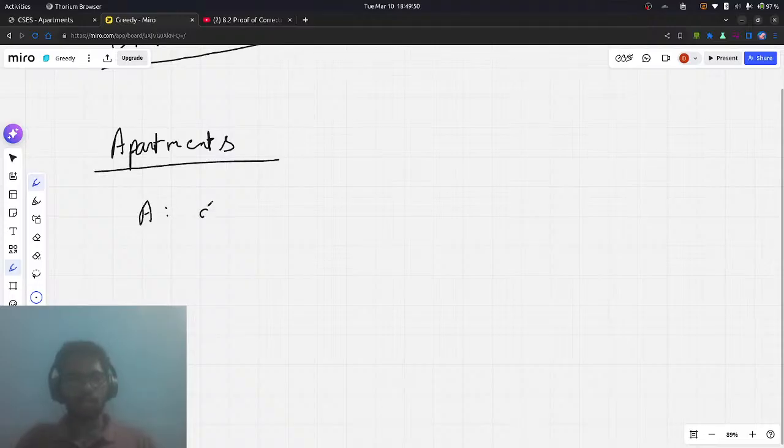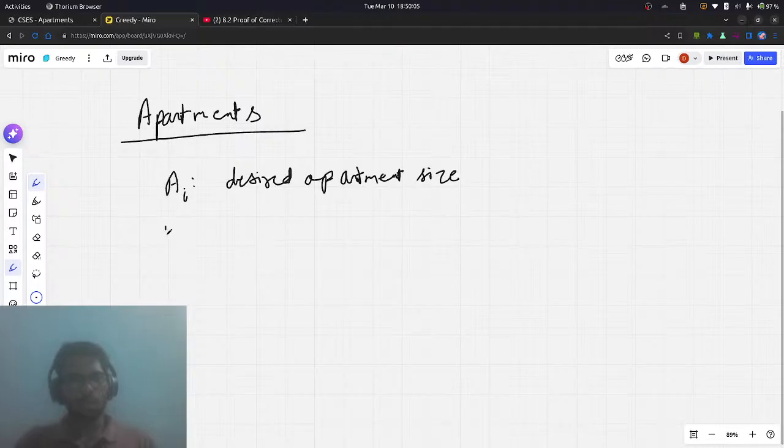So A is basically the desired apartment size. Okay, then we are also given another array.